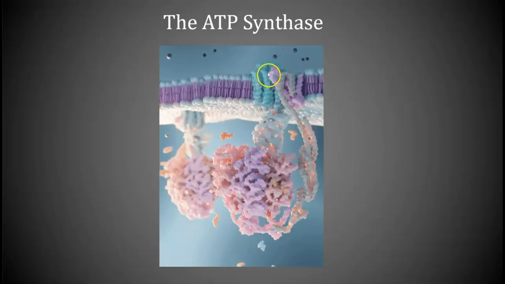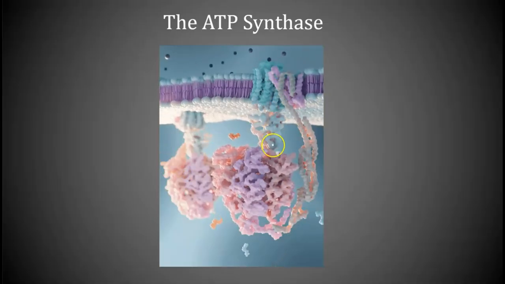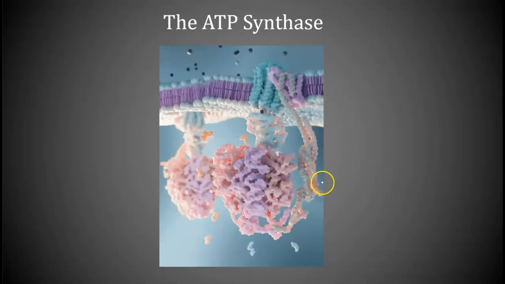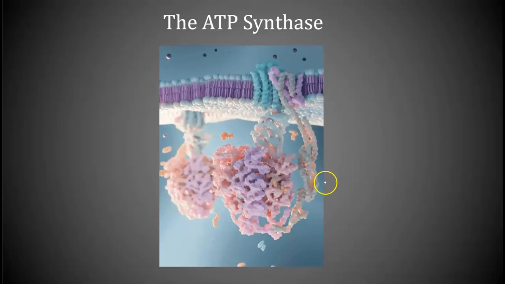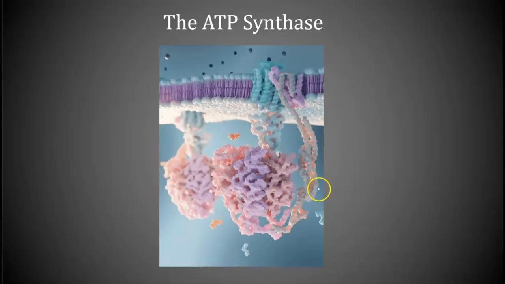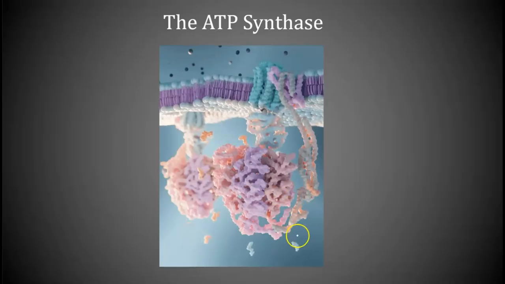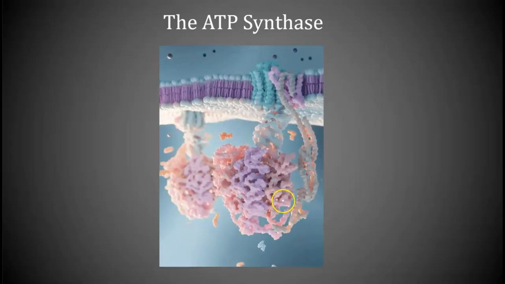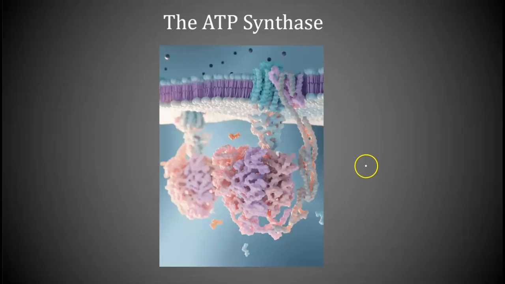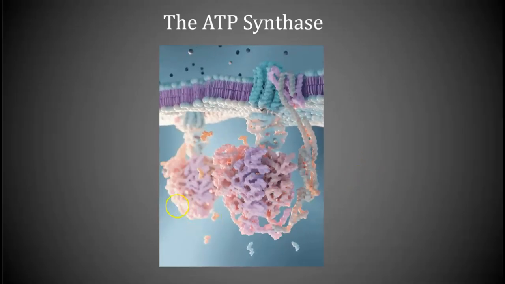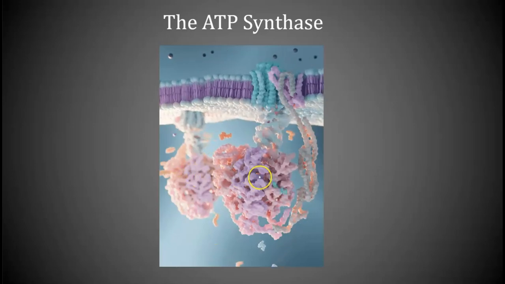So this protein has a rotor in it, and as that rotor spins, it actually forces an ADP to attach to a phosphate group. What you're seeing in this illustration is these blue molecules coming in. Those are the ADPs, adenosine diphosphate. They only have two phosphates on them. And then you'll see this little other particle come whirling in here.